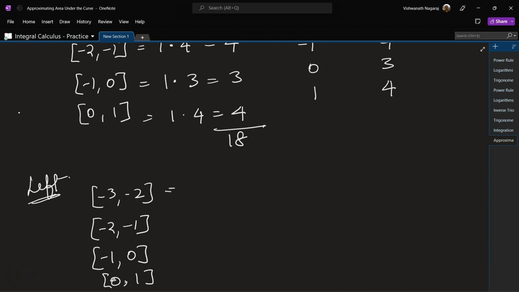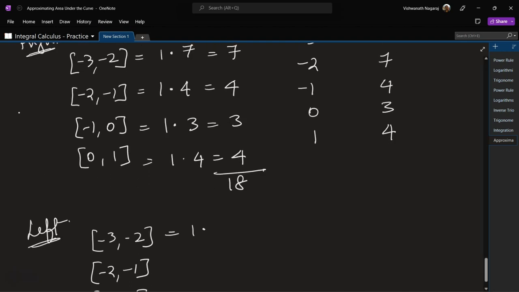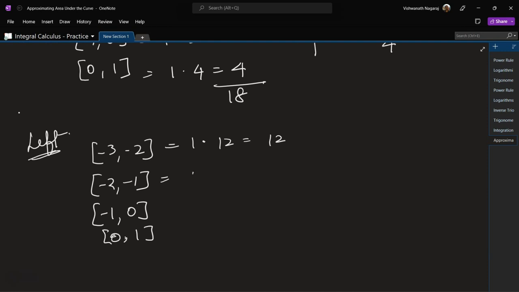So this would be 1 times 12, which is 12. 1 times 7, which is 7. 1 times 4, 4. 1 times 3, which is 3. And here again there seems to be a wide difference between these two approximations. 12 plus 4 is 16, 16 plus 3 is 19, 19 plus 7 is 26.